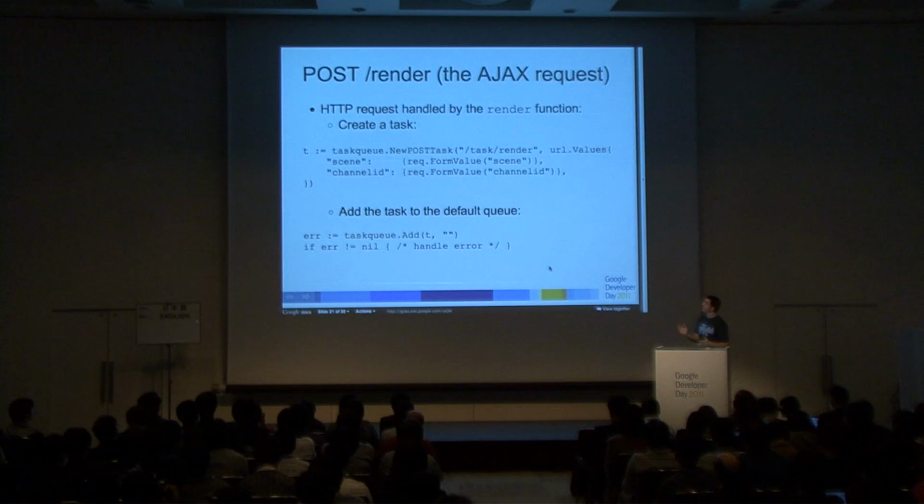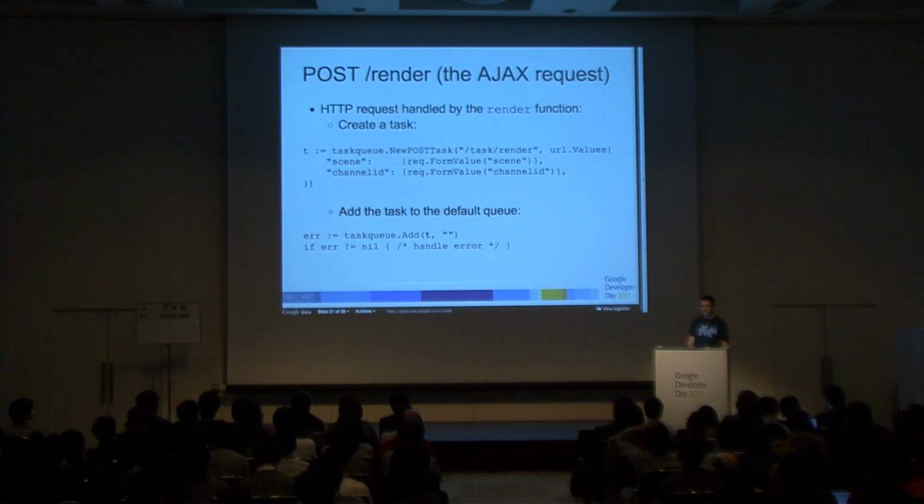So the render handler, the post request to /render, is handled by a render function. And the first thing the render function does is create a task that hits /task/render, and it contains a scene variable and a channel ID variable, which is the scene description and the ID of the channel.